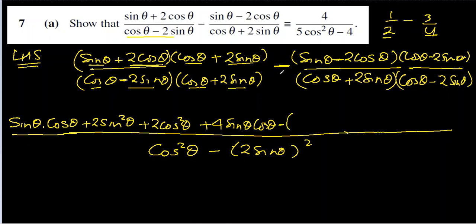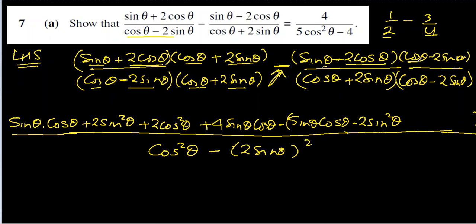Minus, this minus, okay? We'll put everything in a bracket because this minus is going to change all of them. Sin theta times cos theta is sin theta cos theta. Sin theta times minus 2 sin theta will be minus 2 sin square theta.